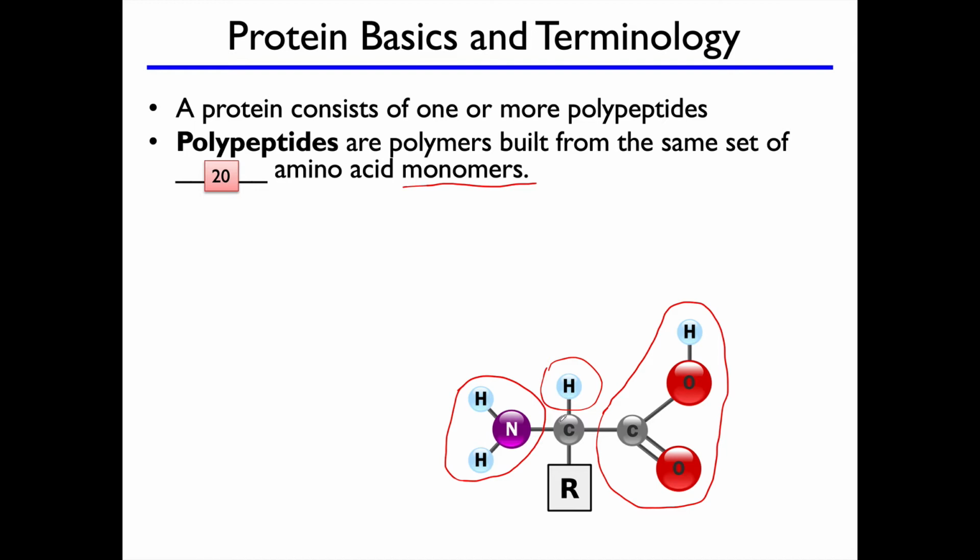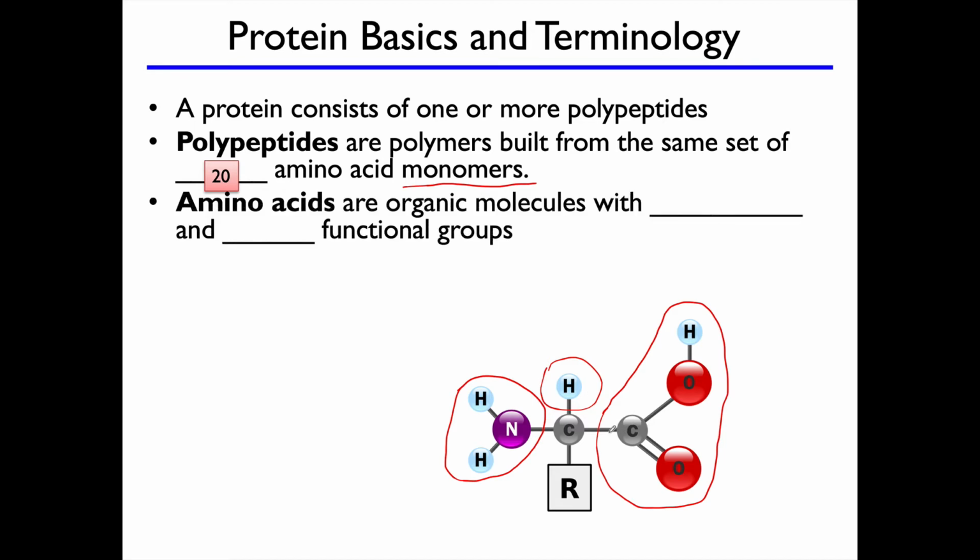Now, the thing that's going to differ amongst each of the 20 amino acids is this thing here called the R group. So the R group, you could think of the R as meaning like rest of the molecule. The rest of the molecule may differ from one to another in your 20 amino acids, but this and this are identical in all 20.